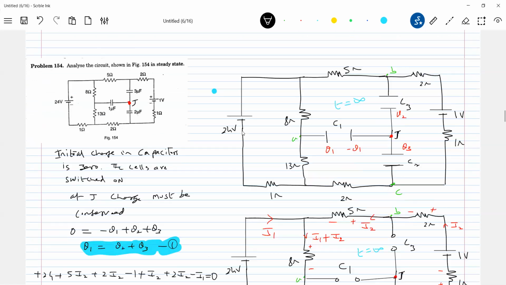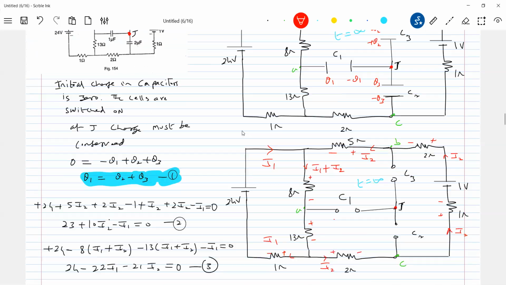After this, what is the next part? VAB, we have to write it, plus Q minus Q. Just that, the steady state charge also, you have to take care of, all the basic circuits we did. That's the only purpose why I brought this problem. You can't just put things. You have to follow the same basic charge distribution rules.